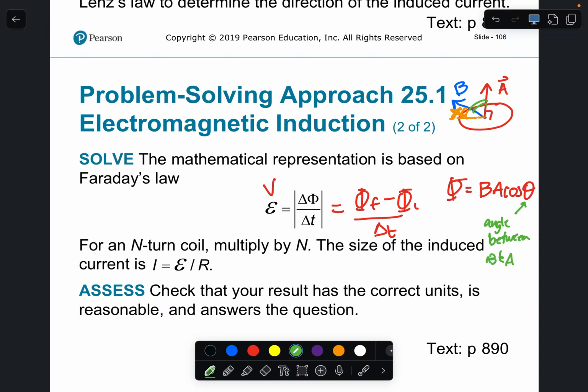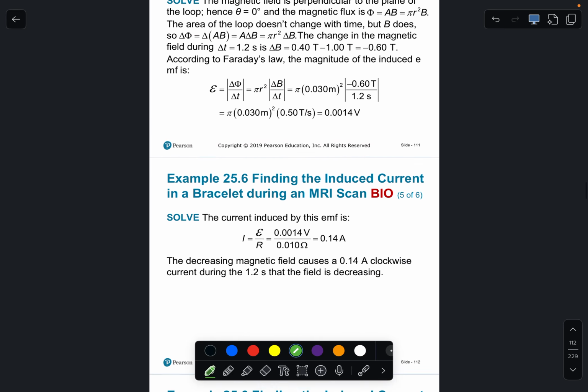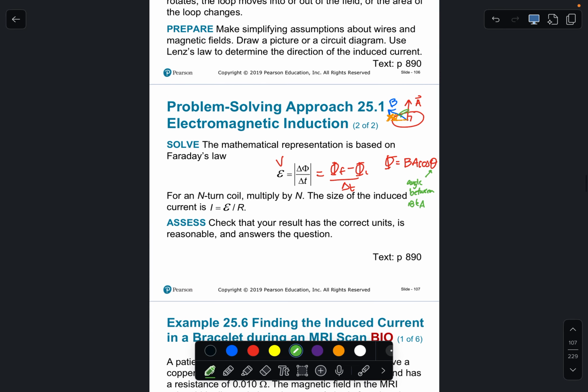So we did some calculations, and to finish the thought here, this Faraday's law gives us the voltage. How do we turn a voltage into a current? You use V equals IR. So once you have the voltage, then you use I equals voltage over R to get the current. So that's the next step. To get the induced current magnitude, you take that voltage and you divide it by the resistance of the object that is hosting the current.